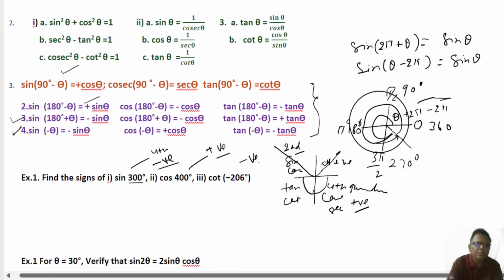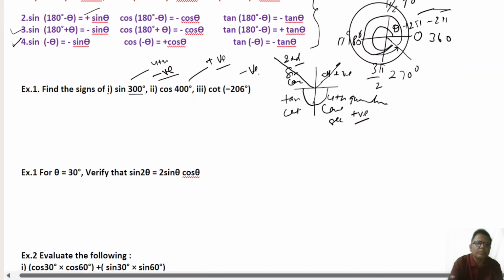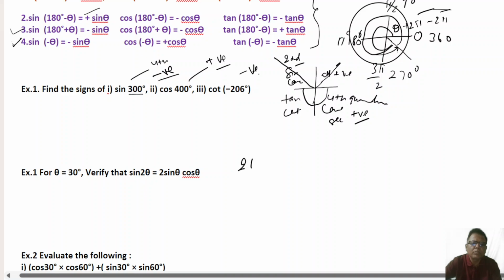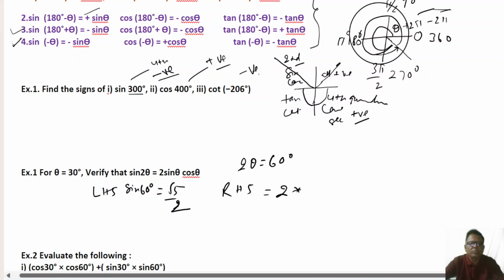Now come to the second question. If theta is equal to 30 degree, then 2 theta will be 60 degree. So sine 60 degree should be root 3 by 2. That table you might have remembered. This is the LHS, and RHS equals 2 into sine 30 degree.